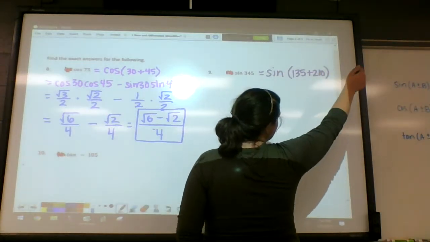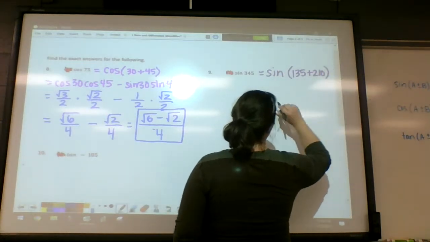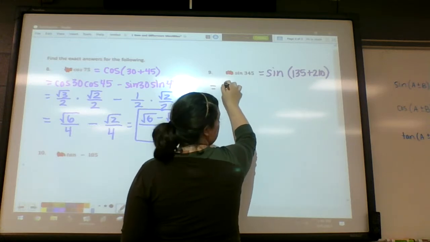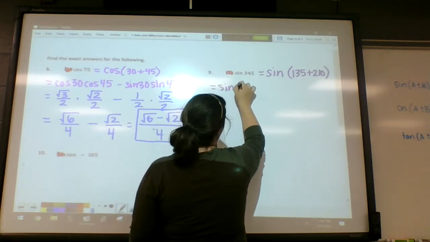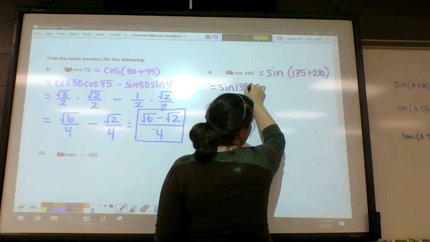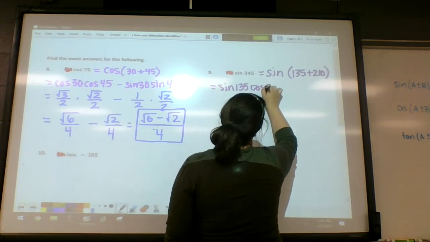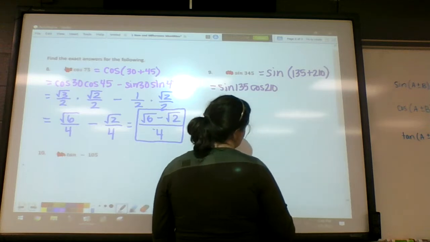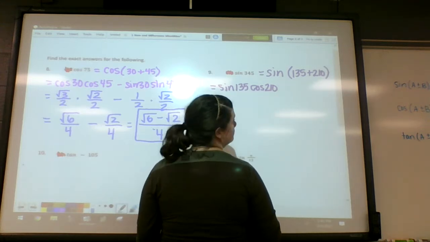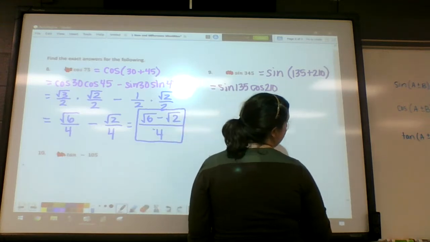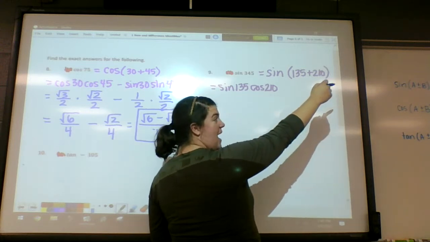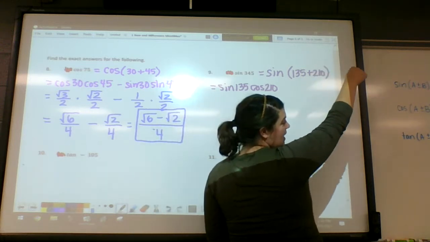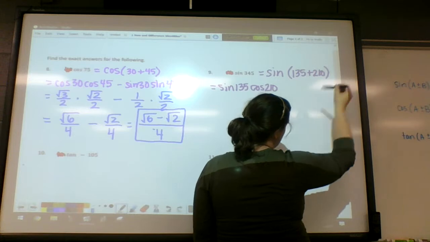This is the sine, so we're going to use the sine identity. So this will be the sine of 135, cosine of 210, and then we will use plus or minus. It's going to be a plus. So we have a plus b inside the sine, so we're going to use the plus for the other one.